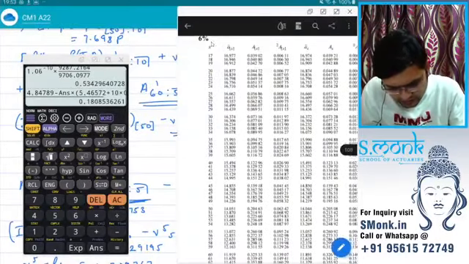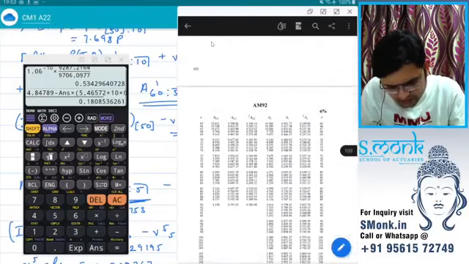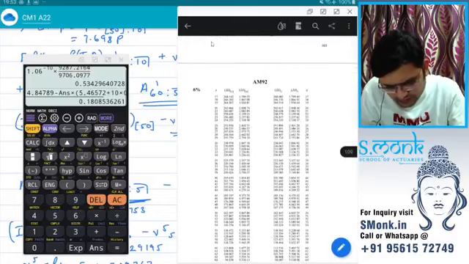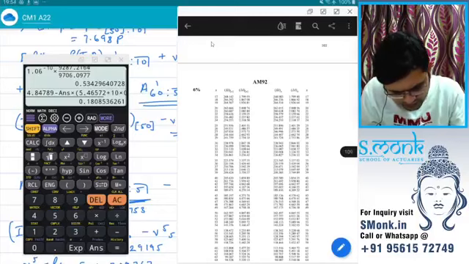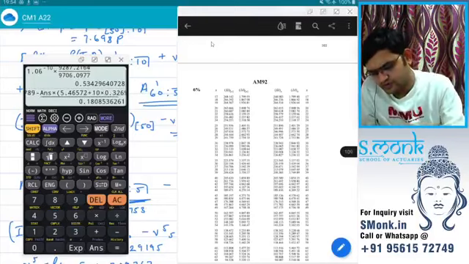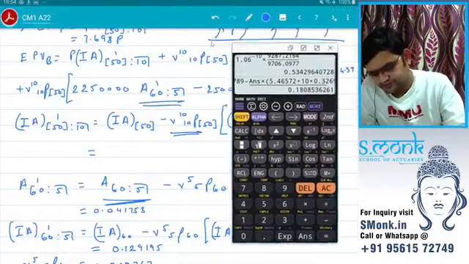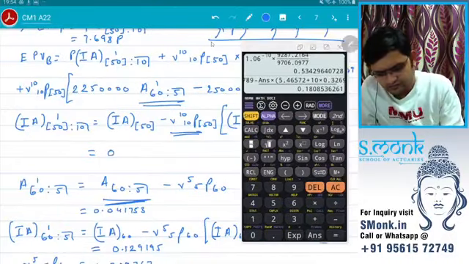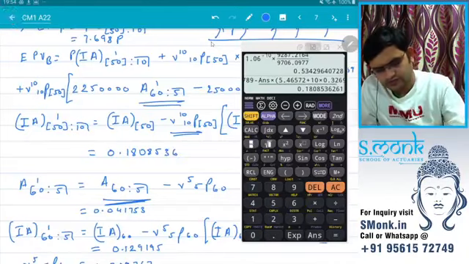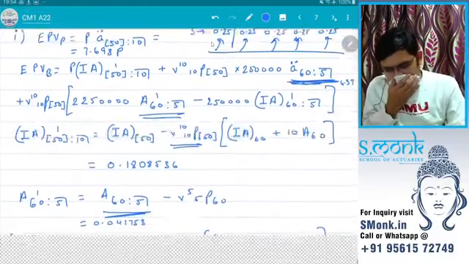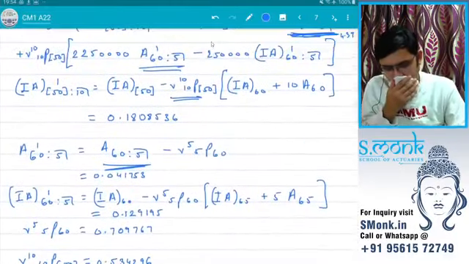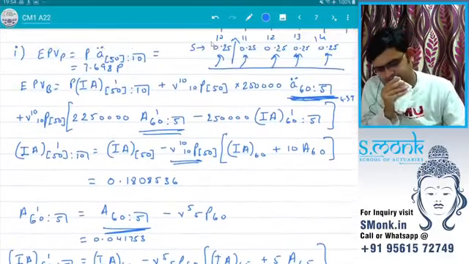A select 50 and i is 6%. It seems correct. I think I have all the values.